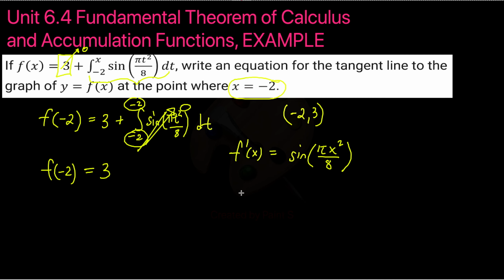And now once you have your derivative, you could find the slope of this curve at -2 by plugging in -2. -2 squared is positive 4. 4 pi over 8 is pi over 2. Sine of pi over 2 is sine of 90, right? If you look at the unit circle, so this is just 1.